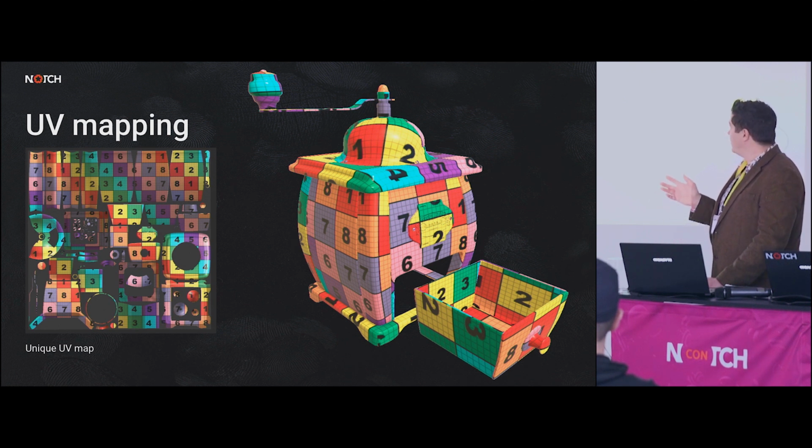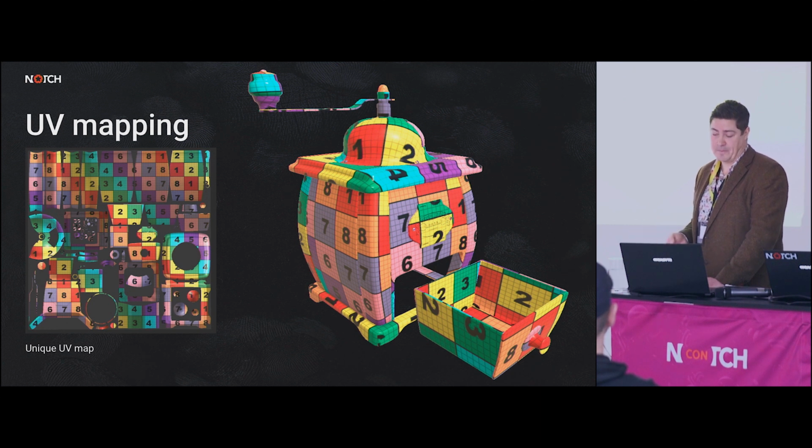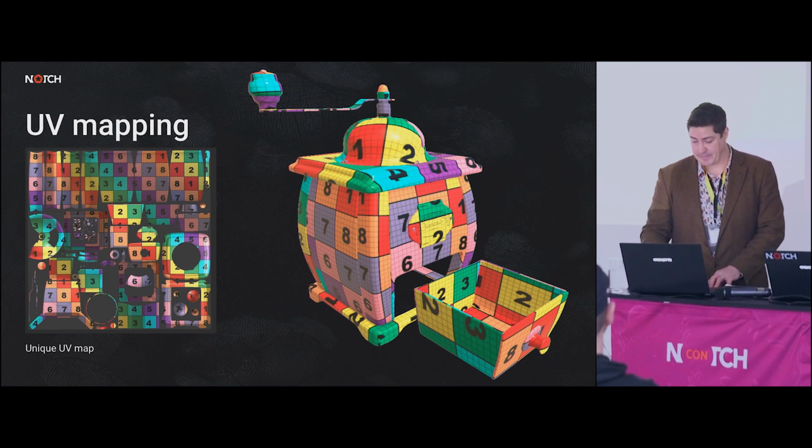Basically, all the polygons on the surface of the object will have their own unique texture space on the texture. The reason we do this is it means there'll be no errors when we try and render off an ambient occlusion map. There'll be no errors when we take it into Notch for things like shadowing, if we ever want to bake in shadows, things like that. It's just a better practice to have unique UVs on objects that you're building.